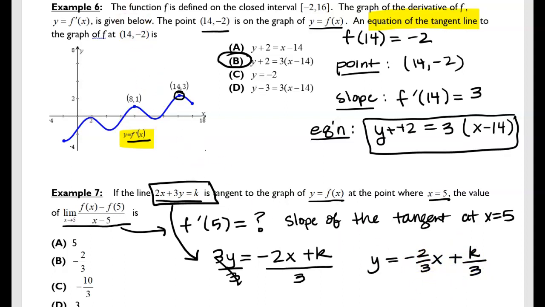I don't even need to know what k is because all I care about is the slope, which I know is negative 2/3. So that's the coefficient when I'm in y equals mx plus b form. So my answer here is B. So again, my derivative is just the slope of the tangent line. I just had to rewrite it so that I could easily see what the slope was.